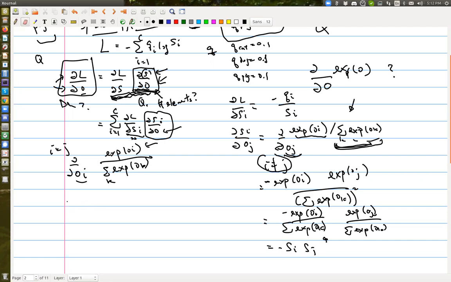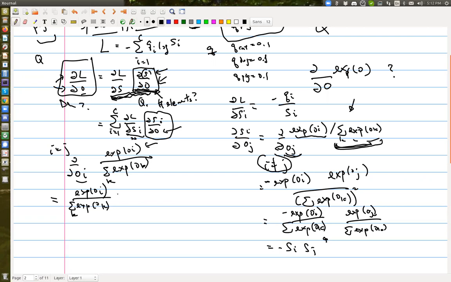Actually let's just do it anyway. I first take the derivative of this guy and treat this as a constant. So I will have exponential OI over the sum over K here. And then I take the derivative of this guy and treat this as a constant. That will be the same case as here.